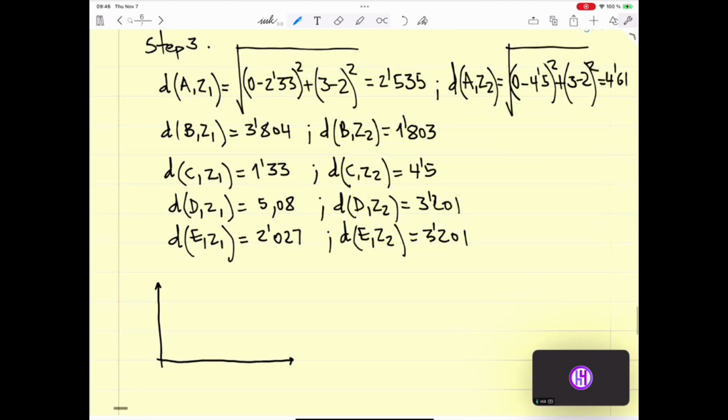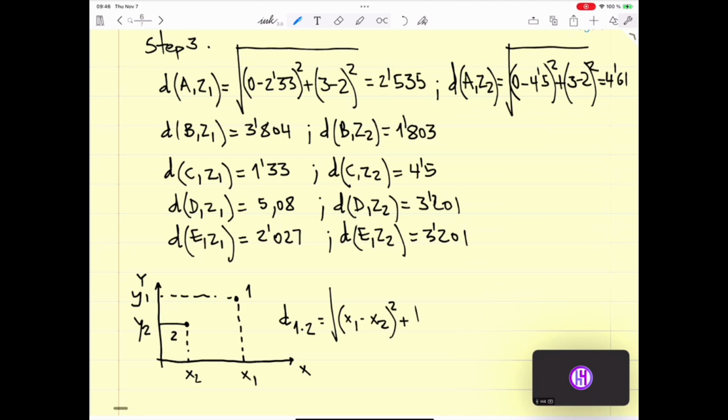So if you have, let me do it because I'm not sure. If you have 0.1 and 0.2, okay? These are the coordinates. The distance between 1 and 2 equals the square root of x1 minus x2 squared plus y1 minus y2 squared.